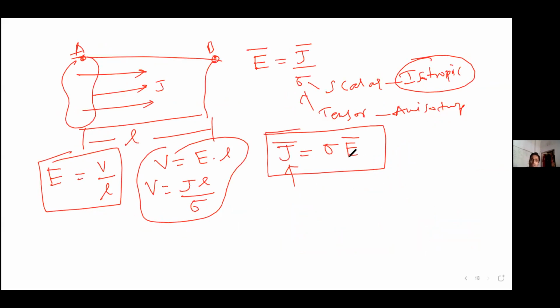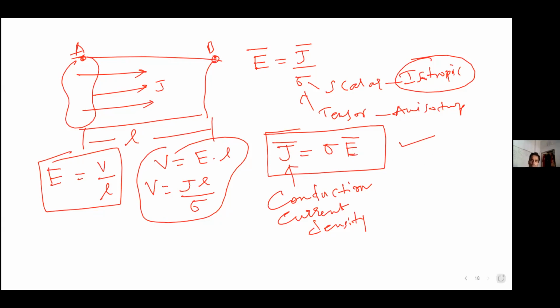E bar you have already studied in detail in your previous module. This J bar is called the conduction current density, because it is due to the conduction of charges. This is sigma, the conductivity, and this is E bar, which you all know. So we have got the relation between the conduction current density and E bar.